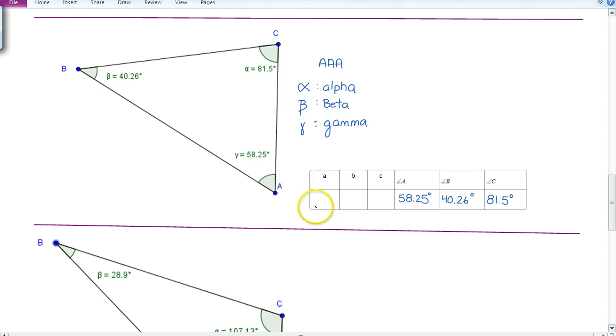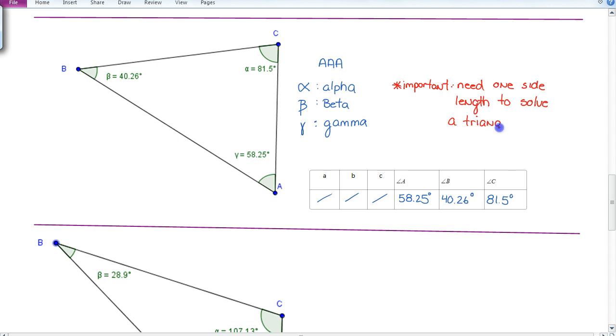Now in this case, I can draw a conclusion. If I'm given three angles, I can't state what the sides are. Because remember, based on similar triangles, as long as I expand these sides proportionally, the angles remain the same. So, important takeaway: you need one side length to solve a triangle.